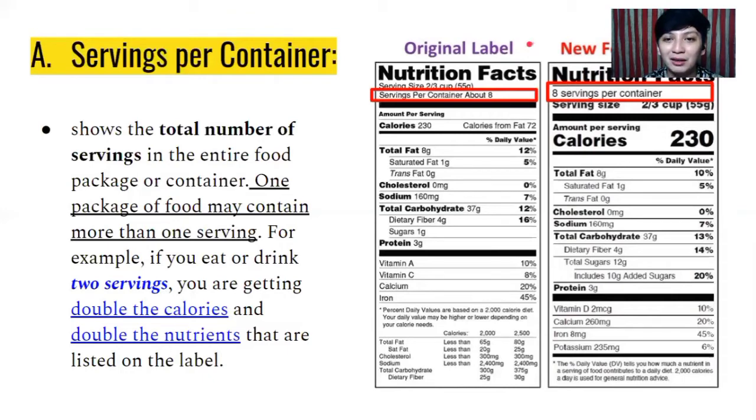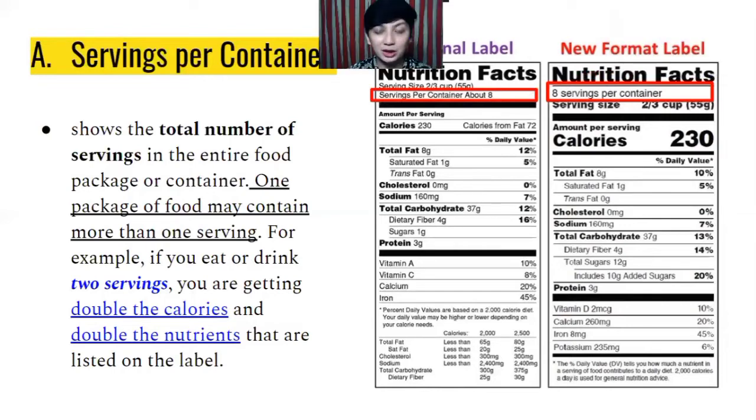So we have here, for example, the original label, servings per container about 8. And then we have here the new format label, so you can differentiate the two. 8 servings per container, so it is easier for you to understand the new format label.